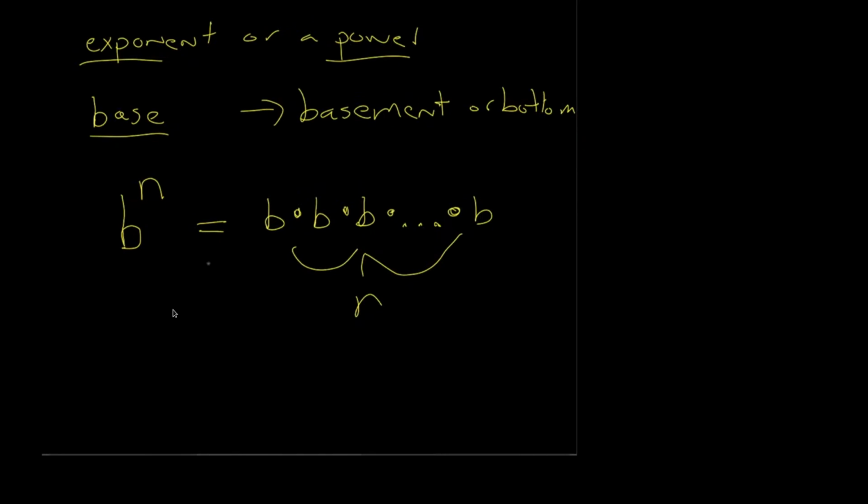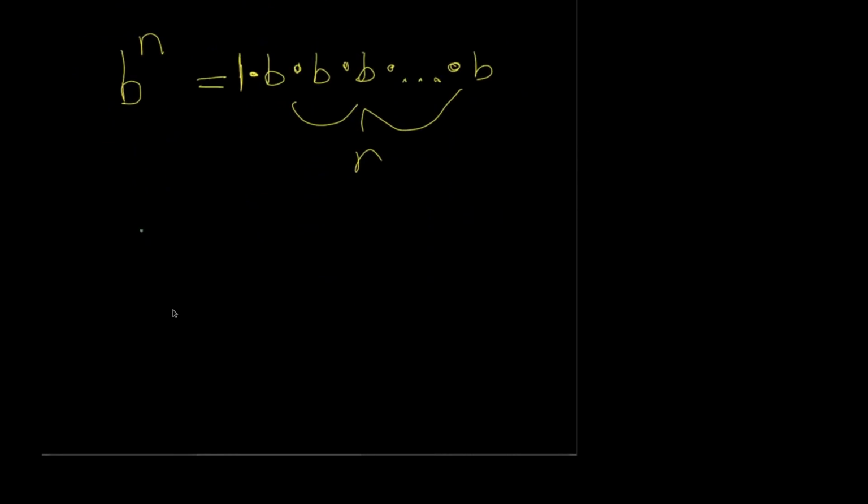Now, because of the identity, I want you to remember that I could multiply this whole thing by 1. Right? 1 times anything is itself, so we don't usually write the 1 out there. But a neat thing happens. If I am taking any base to the 0 power, I have none of these, but I still have the 1.